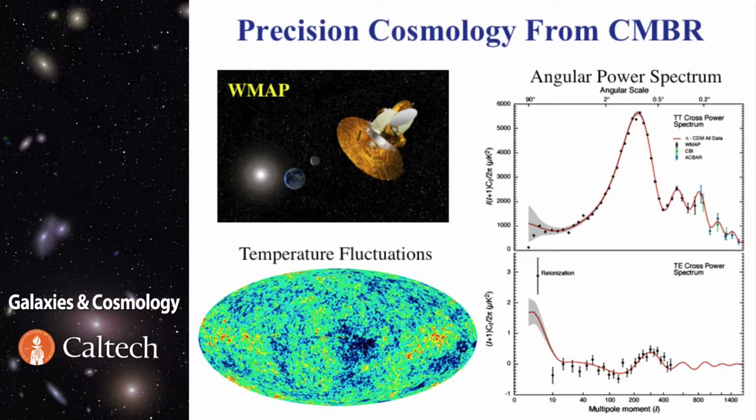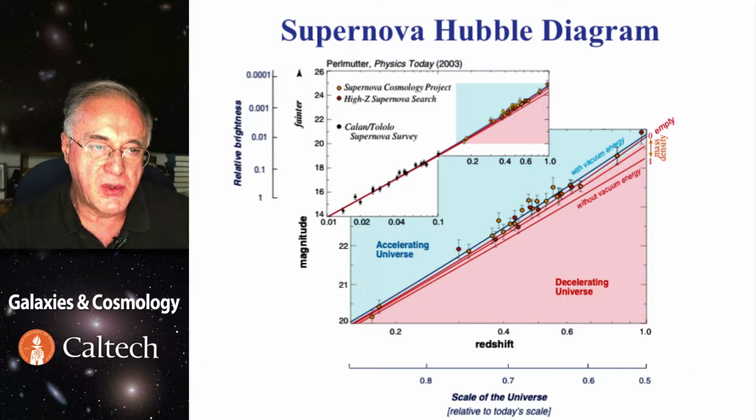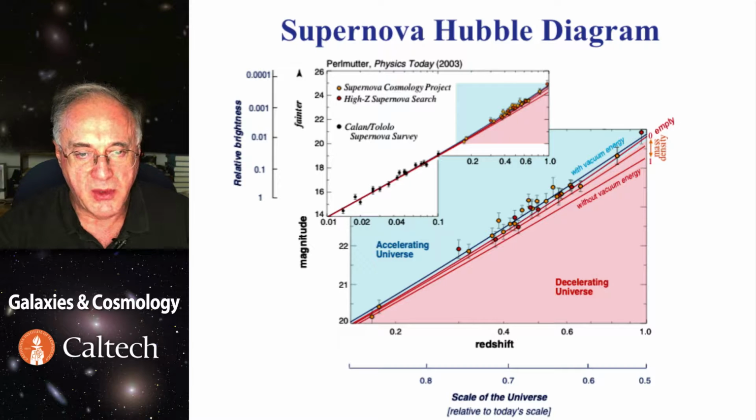Measuring their size can constrain cosmological parameters. So this is now done with great precision. But the second thing that happened was the use of supernova explosions as standard candles with more modern instruments to push Hubble diagrams much deeper than was done before. And it turns out that that can also constrain cosmological parameters in important ways, and it became one of the key ingredients in the discovery of dark energy.